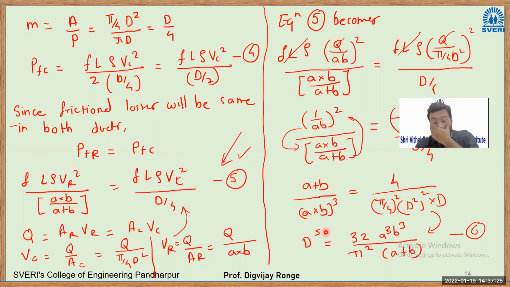So this was my first approach, that is flow rate of the air is constant in both the cases. Second is velocity is constant. For constant velocity, the process up to equation number 5 is the same. After this, we have to say that VR is equal to VC, so that velocity will get cancelled and we'll get a relation between diameter and sides of the rectangle.